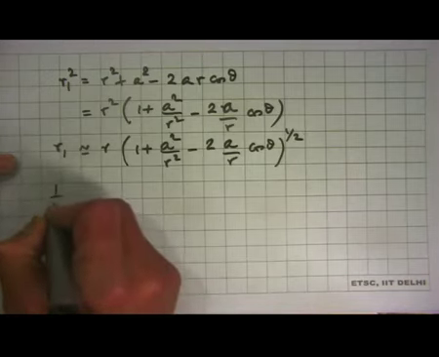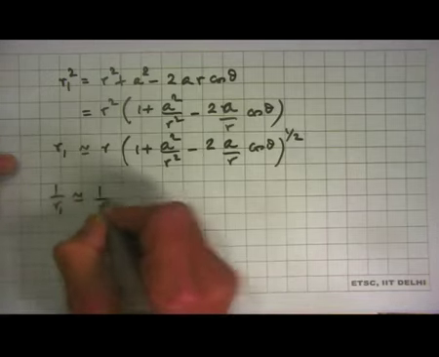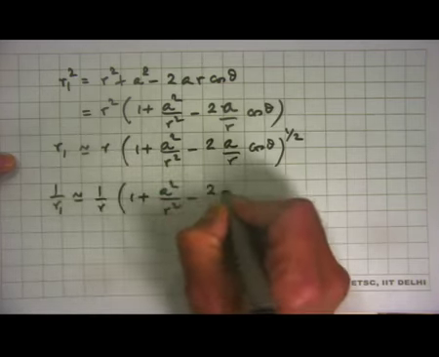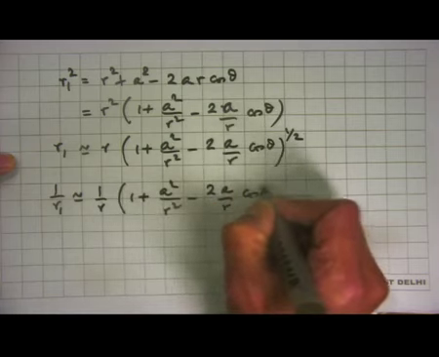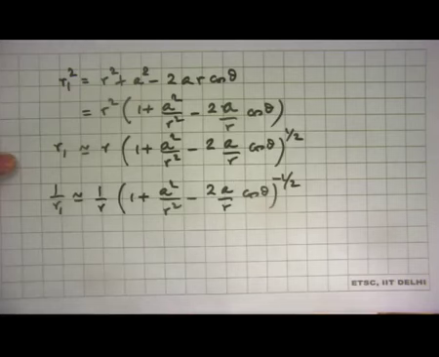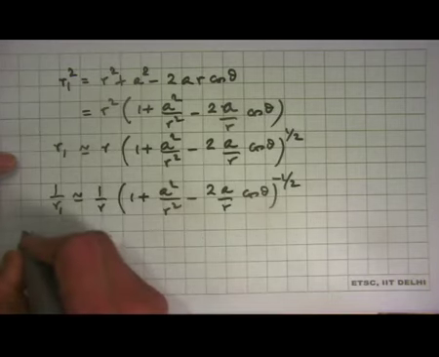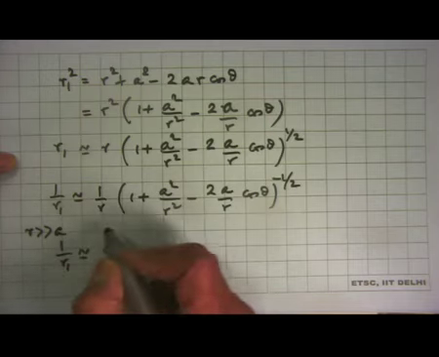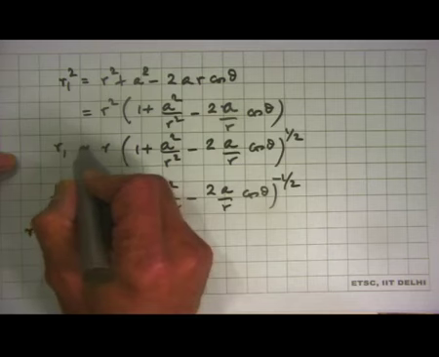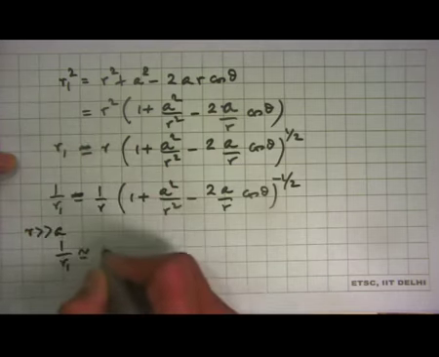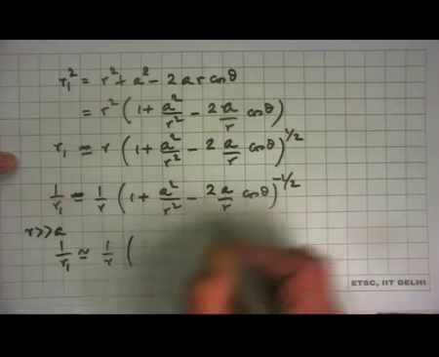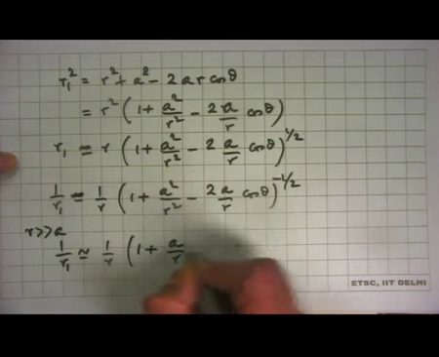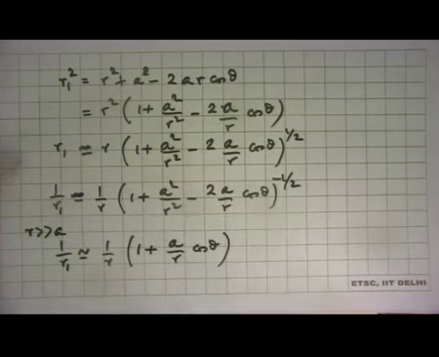The square root. So, 1 by r1 is equal to 1 by r into 1 plus a square by r square minus 2a by r cos theta, raised to the minus half. I have just inverted. These are exact relations, they are not approximate. Now, I approximate using the binomial expansion, and I get 1 by r into 1 plus a by r cos theta approximately.